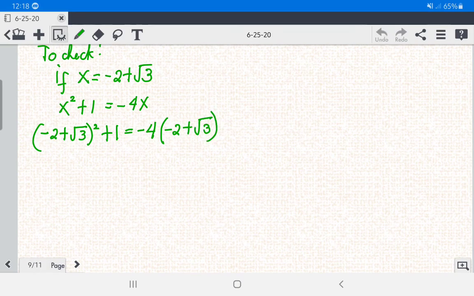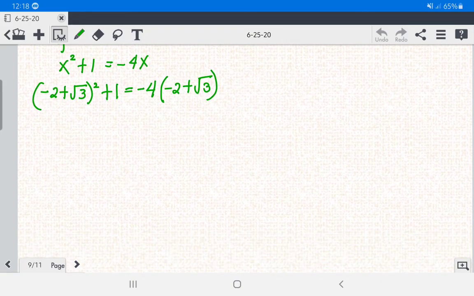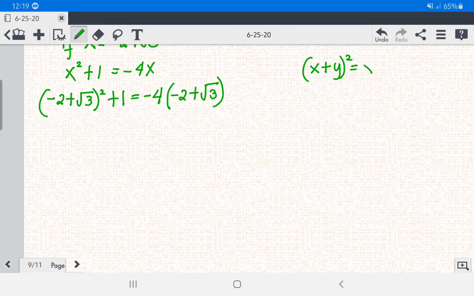Okay. Next, we're going to use the concept of finding the product of the square of a binomial, that if we have x plus y squared, its product is the square of the first term plus twice the product of the first and the second term, then plus the square of the second term.